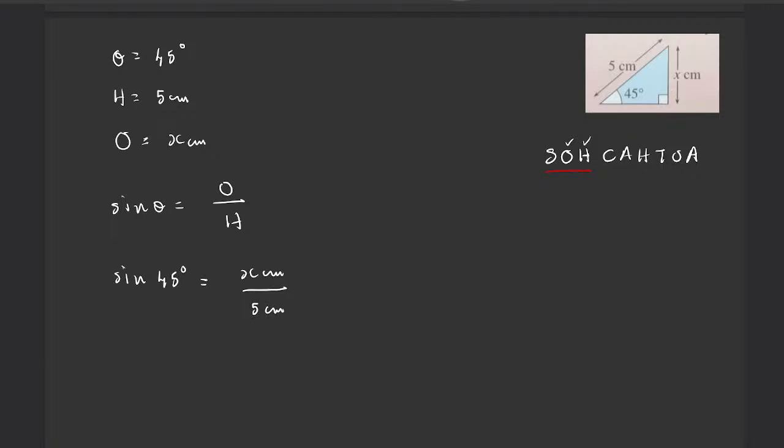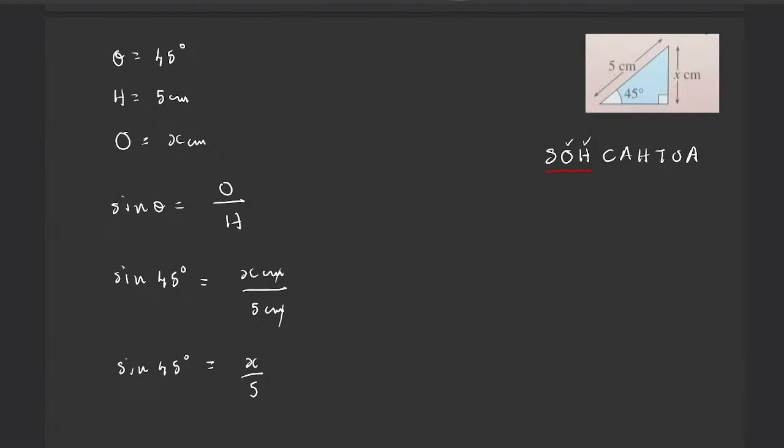So we can simplify this. Sine 45 degrees. We have cm in our numerator and cm in our denominator, so they can cancel. We have x over 5. Well, similar to the example above, we want to find our unknown variable x.